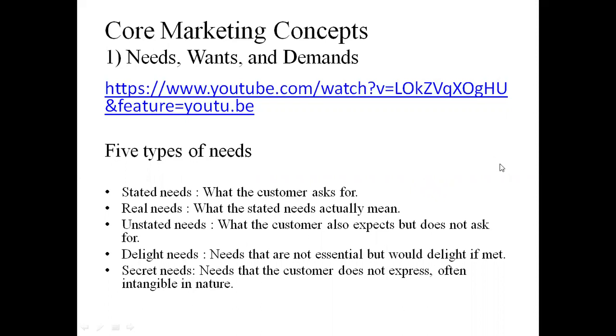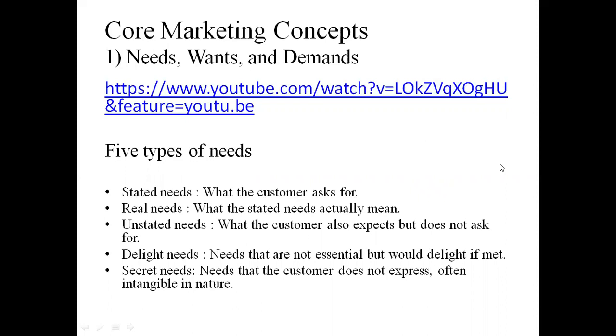There are five different categories: stated needs, real needs, unstated needs, delight needs and secret needs. Stated needs are the needs which the customer is directly asking for. The real need is what the stated need actually means.